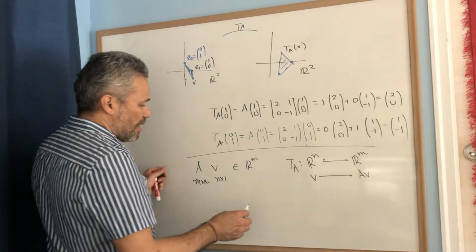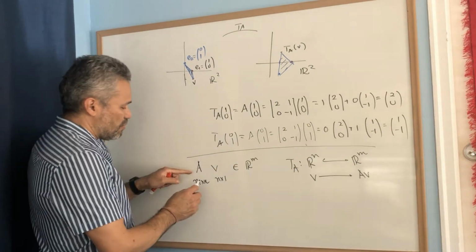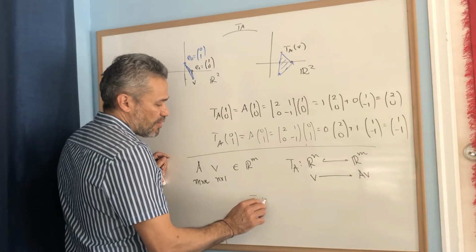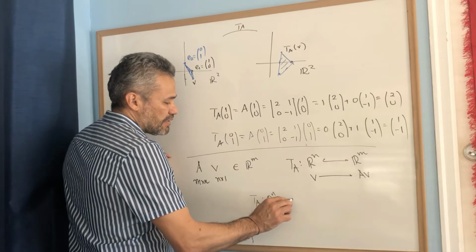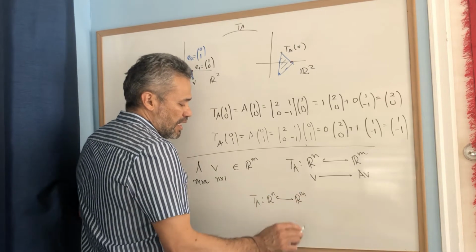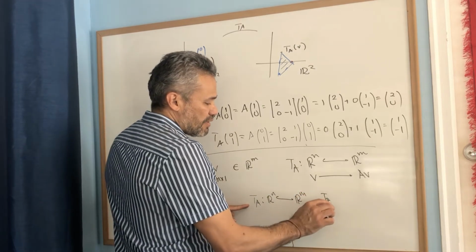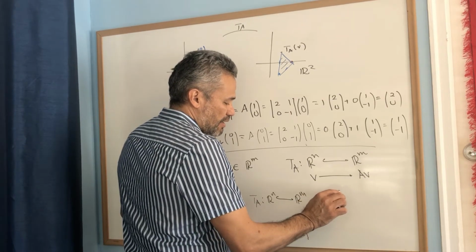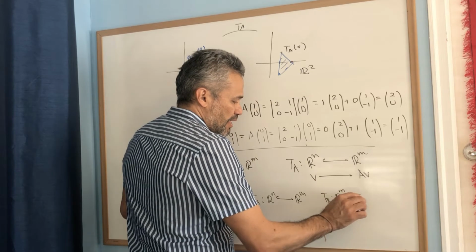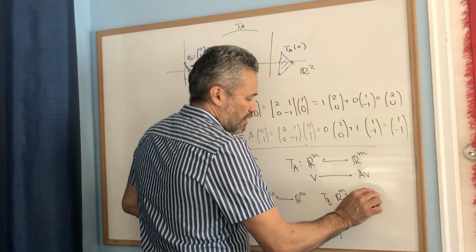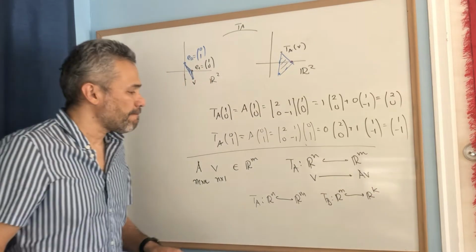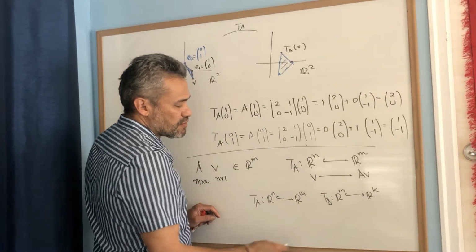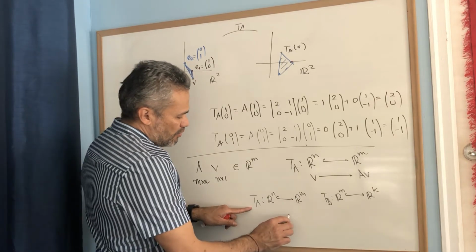Now, let's think about the composition of two functions. Let's suppose that you have a function that comes from a matrix, from Rn into Rm, and let's suppose that you have another function that comes from a matrix, from Rm into Rk. Then it makes sense to talk about the composition of these two functions. How do I write the composition?